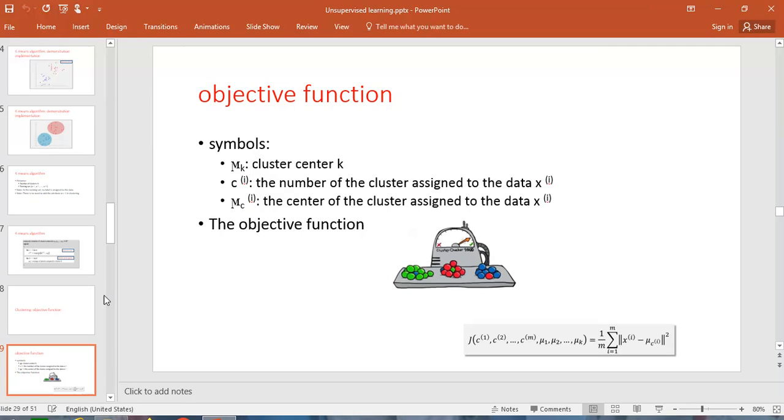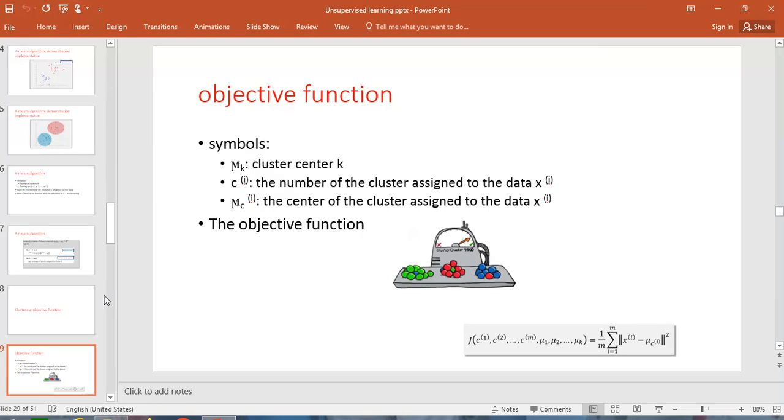To minimize our objective function, we must consider the centers as fixed and change the clusters in such a way that the distance between the data and the centers of the clusters is minimized. Once we consider the clusters as fixed and change the centers so that this distance is minimized, in practice we should do the same.